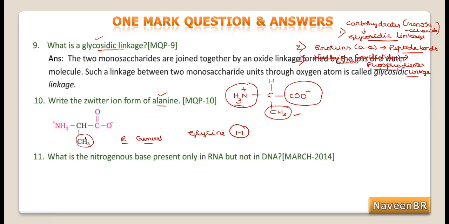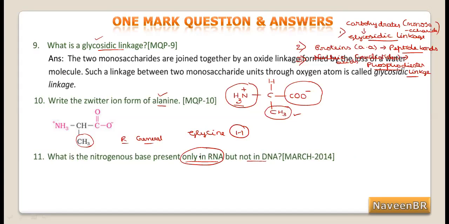Now we'll move on to the previous year questions, starting from the changed syllabus, March 2014. What is the nitrogenous base present only in RNA but not in DNA? We need to write the nitrogenous base which is seen only in RNA, so we need to know the differences clearly.